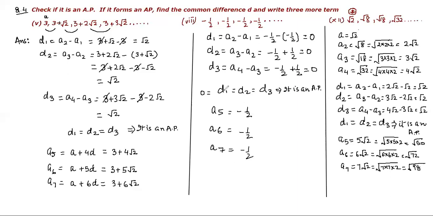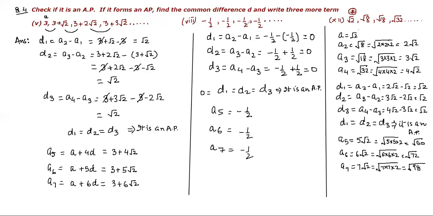So if D is constant, every time if it is same, we can say that it is an AP. So therefore, this given sequence is an AP. For future, you all must learn if we have all the terms same of a sequence, then that sequence is an AP.